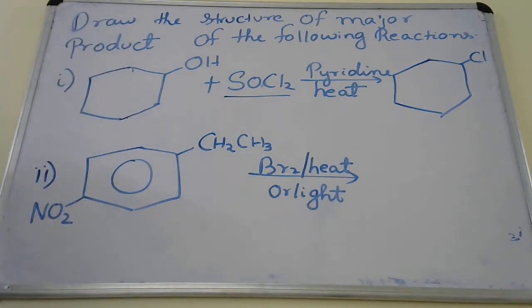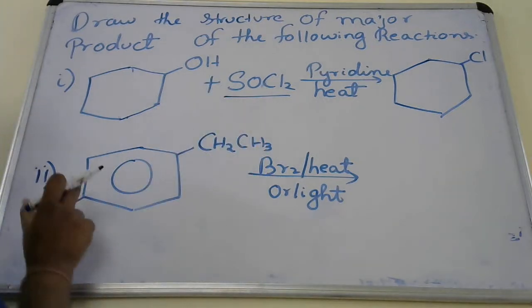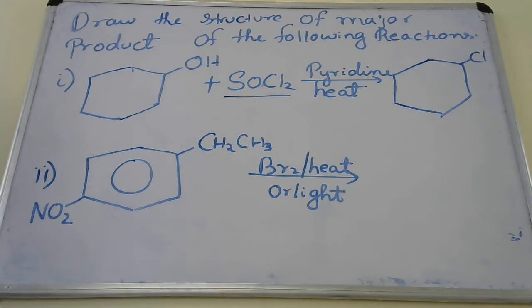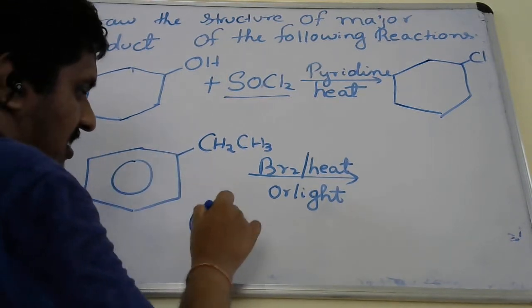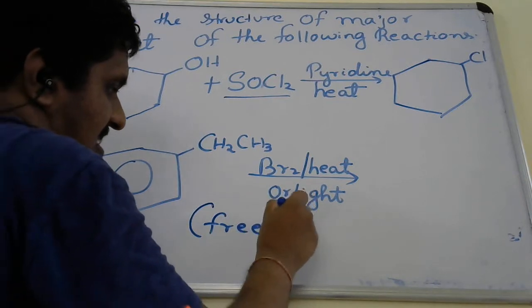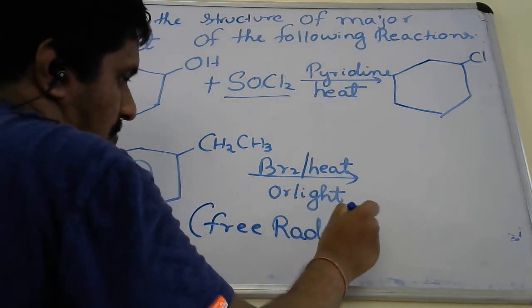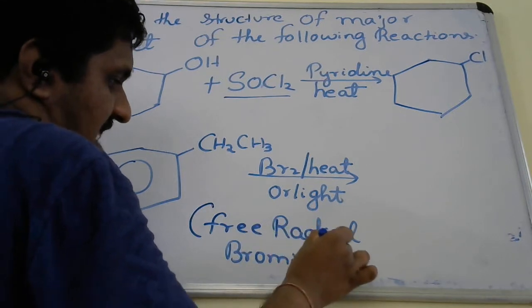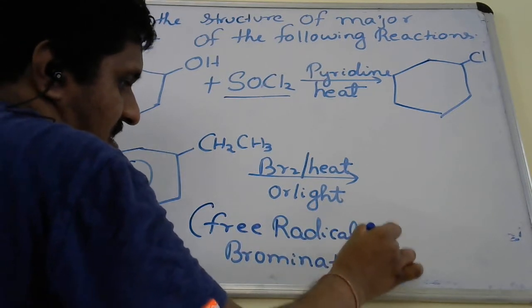Now come to bit number 2. We have taken this compound, bromine, heat and light. Now it will be free radical halogenation, or in this case I can say free radical bromination. Now free radical bromination, where does it happen?